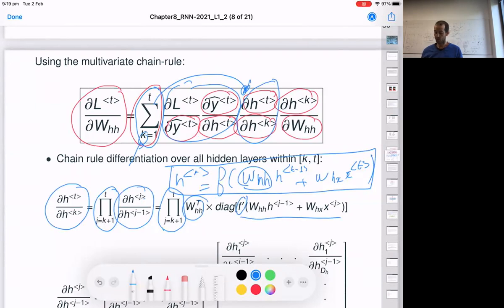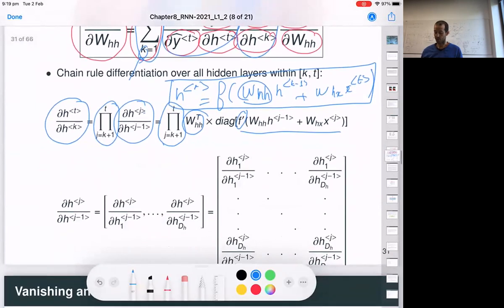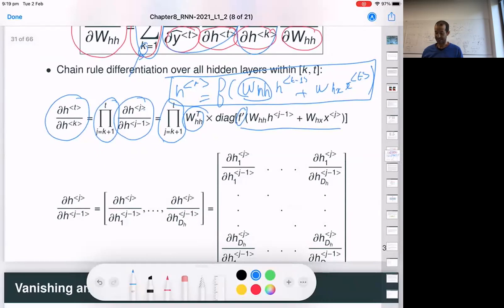So this is your solution of your chain rule, and you can see that this is a vector, this is a vector, so each one is a Jacobian matrix, and I put the Jacobian matrix here, and I think there is some error in the website. So anyway, you have this.